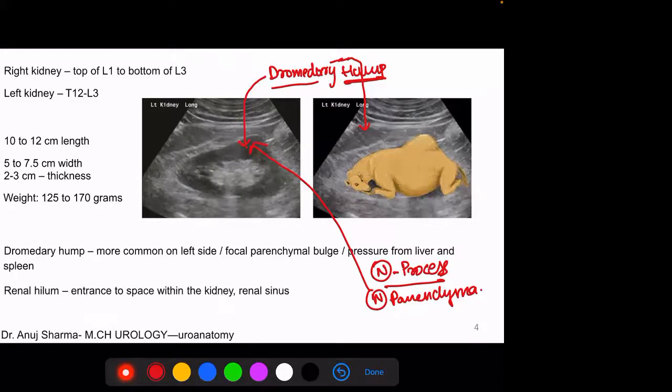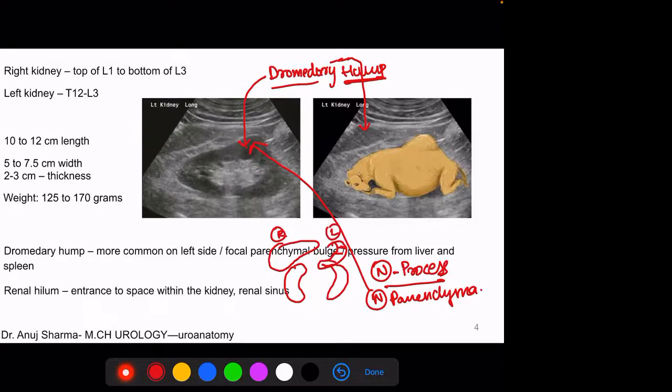If the kidney is like this, the liver is present here, and on the left side the spleen is present. So due to the pressure of the liver on the right side and the spleen on the left side, the kidney bulges out. There is a bulging of the parenchyma of the kidney.